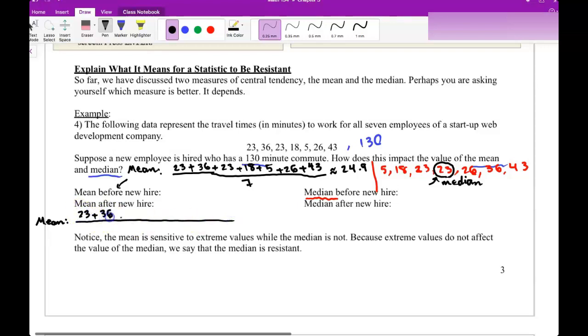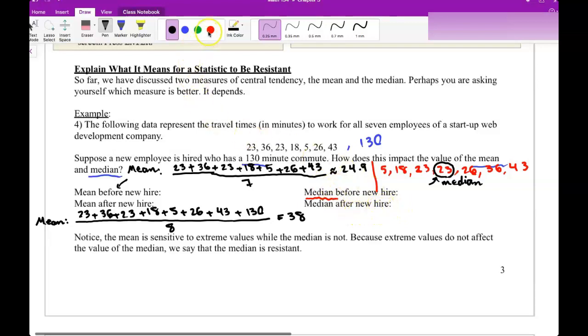Adding all those numbers, divided by 8, and that is equal to 38. I'm going to use the calculator for this one. Okay, so that is 38.